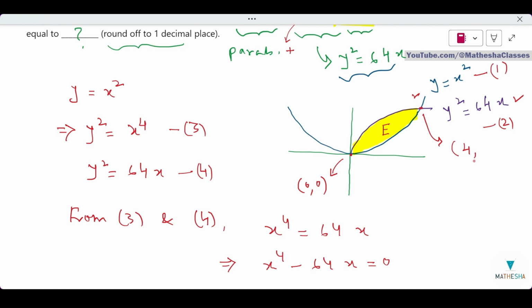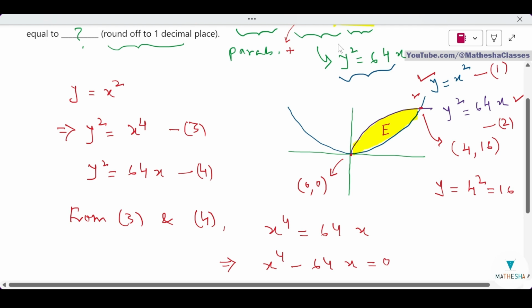Then what will be the y coordinate here? If you put x equal to 4 in the equation 1, you will be getting y to be 4 square, so 16. So 4 comma 16 is the coordinate of another point of intersection.